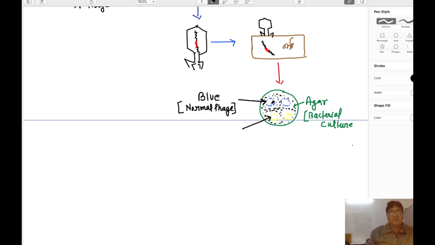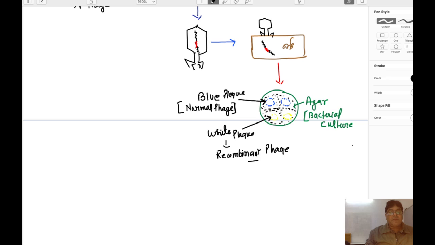The lambda phages which are developing in these plaques are normal, the blue plaque. But there are certain other plaques which are white in color. I have shown it with yellow. White plaque. These plaques have recombinant phage. So by analyzing the color difference of the plaques, we can identify the recombinant phage.